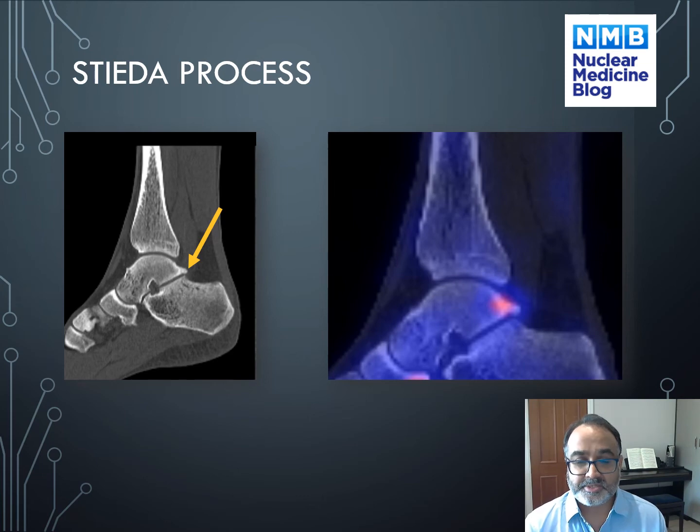So similar to an accessory ossicle, but it's fused to the talus itself. Because of that outgrowth and that protrusion, it results in impingement on the ankle during flexion and can be seen as focal increased uptake on the SPECT-CT.